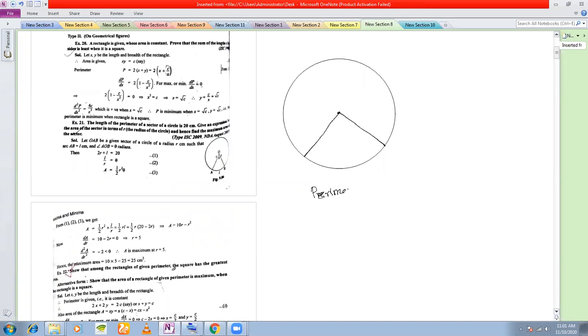Okay, so it can be any sector. What do you mean by perimeter of this sector? Perimeter of this sector means this length, radius plus length of this arc. Do you agree with this?